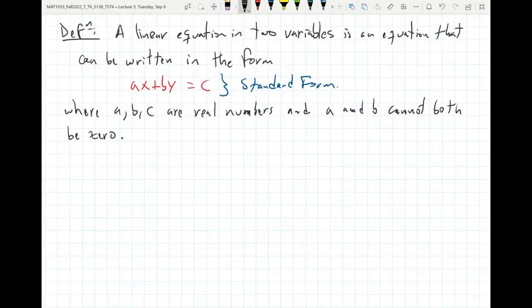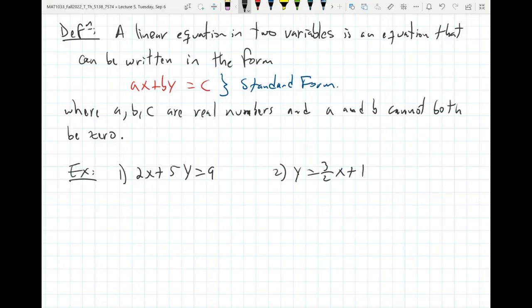So, let's see, let me give you an example. So example of these equations would be, let's say 2x plus 5y equals 9. Another example, y equals 3/2 times x plus 1. So notice that this technically is not in the standard form, but you can write it in that form.